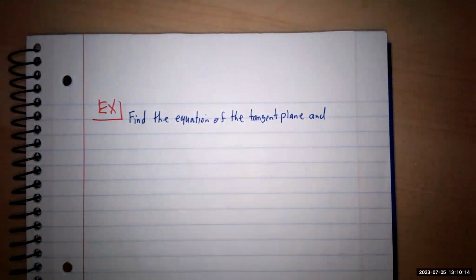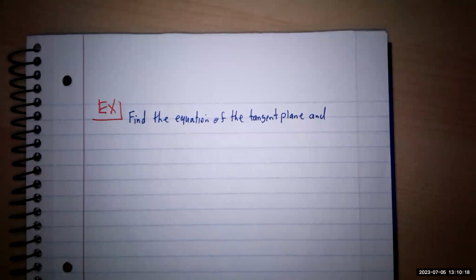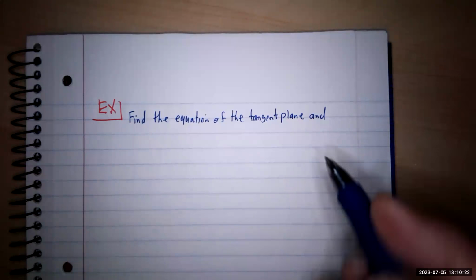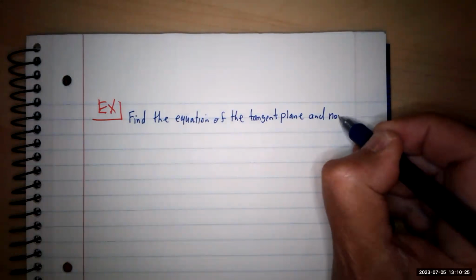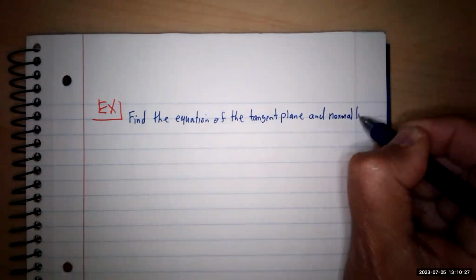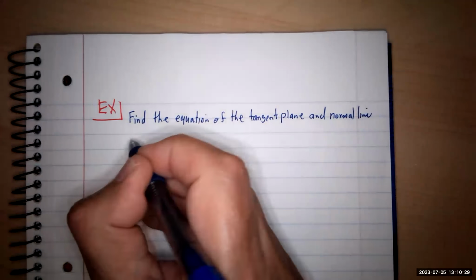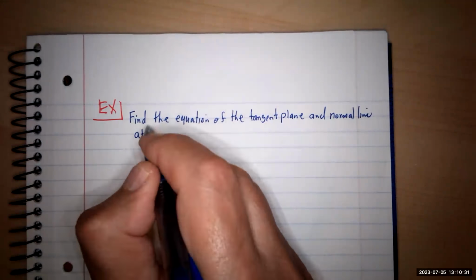If it's given in level surfaces, if you like, find the equation of the tangent plane and the normal line, both of them, at the point. They give you the point and the surface.